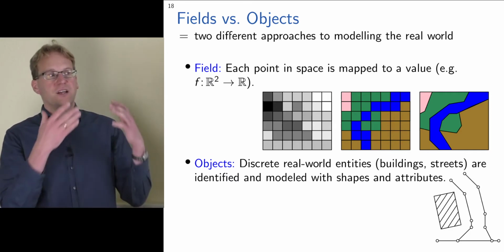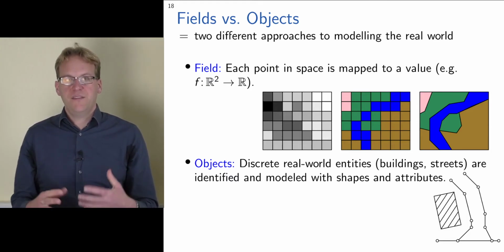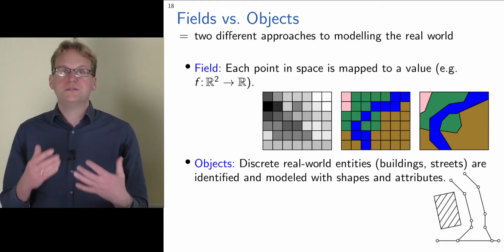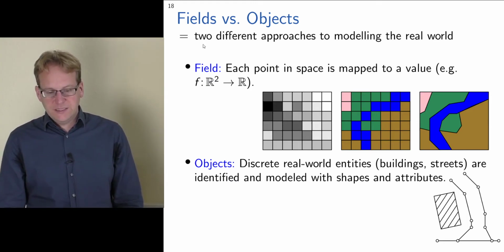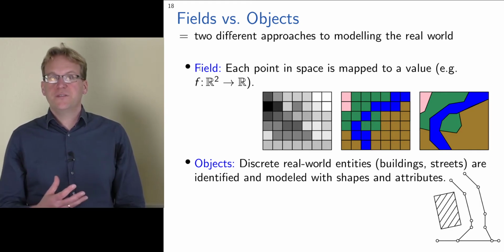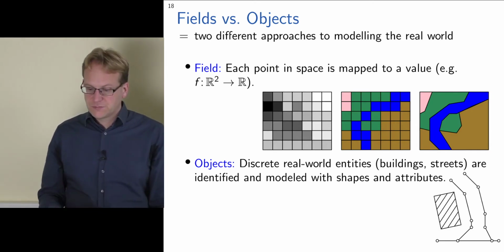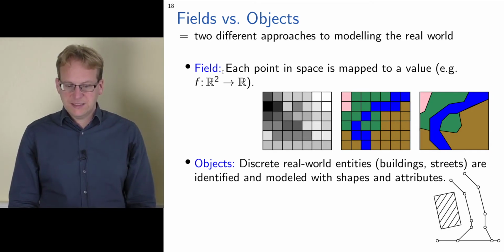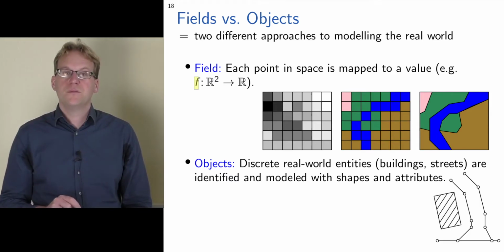So if I look outside of the window, what do I see? And how do I describe it? There are two fundamentally different approaches. The first one is I consider the world as somehow a field. That is basically a function f, and this function defines for every point in space some value.